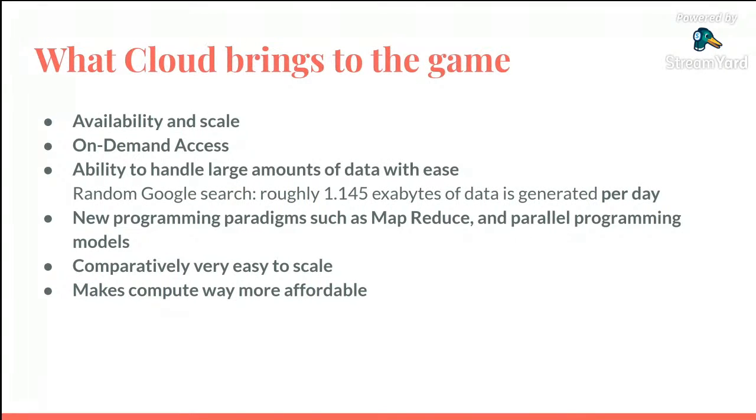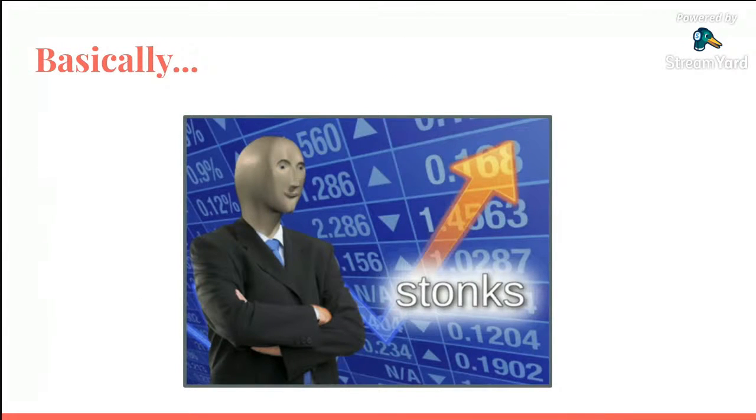It makes compute way more affordable, and because of this new power, you now have the capability of creating new programming paradigms such as MapReduce, parallel programming models, and so on. So it's pretty handy. And basically, cloud summed up as a meme is stonks.